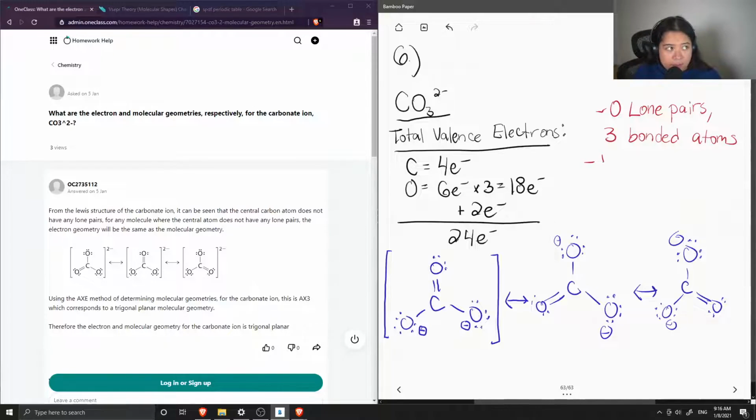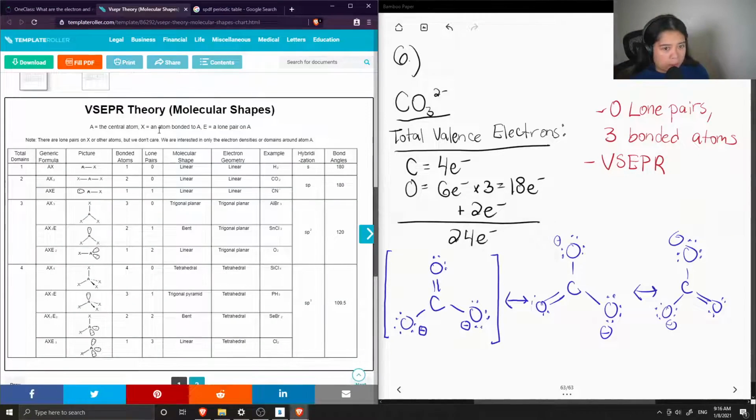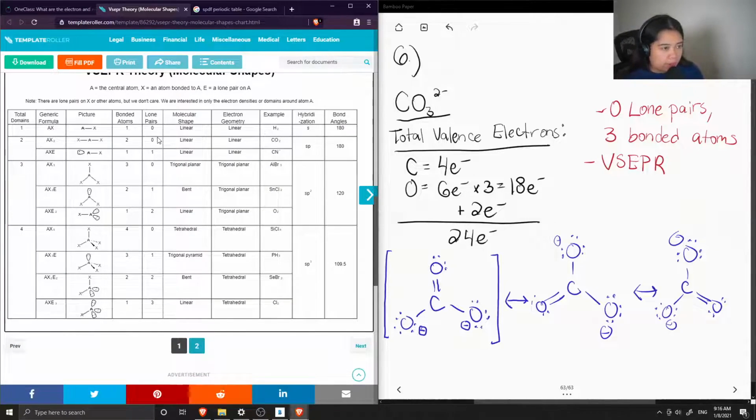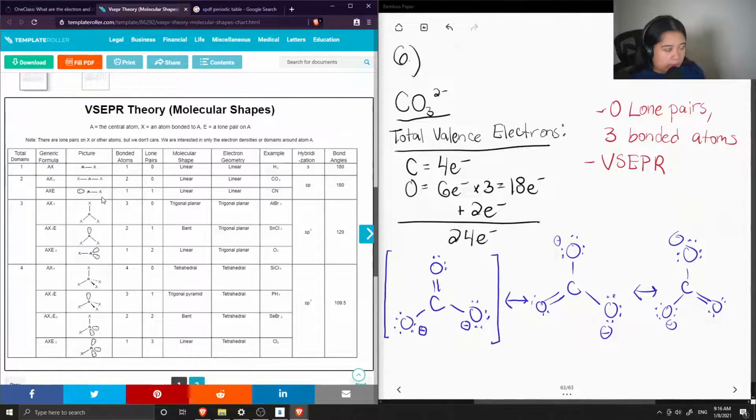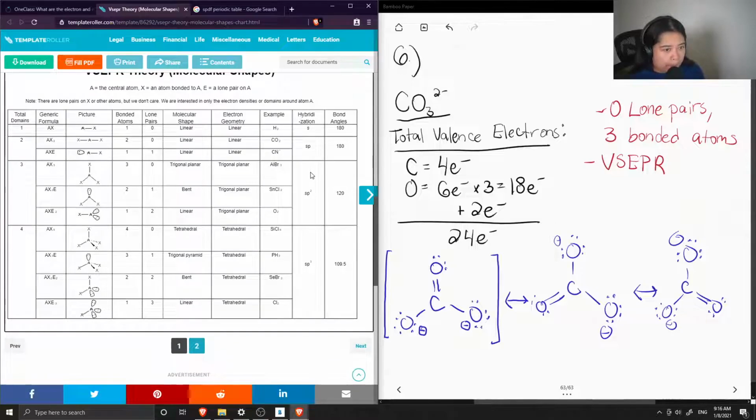At this point, we would use the VSEPR table to help us find the type of geometry this ion has. This VSEPR table is really helpful because when you match up the type of molecular shape you have, it tells you the type of hybridization and the different bond angles you would find in your molecule.